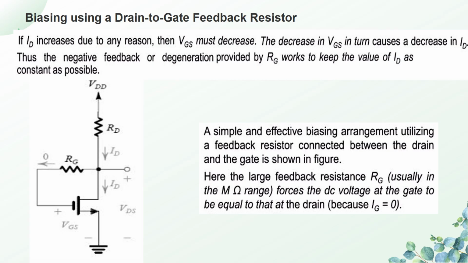Thus a negative feedback or degeneration provided by RG works to keep the value of ID as constant as possible. So this is a simplified and effective biasing arrangement utilizing a feedback resistor connected between the drain and gate. This is the most practically used method of biasing in MOSFETs. And one more thing: the value of RG is chosen in the range of mega ohms, so that we can keep the gate current to be 0.